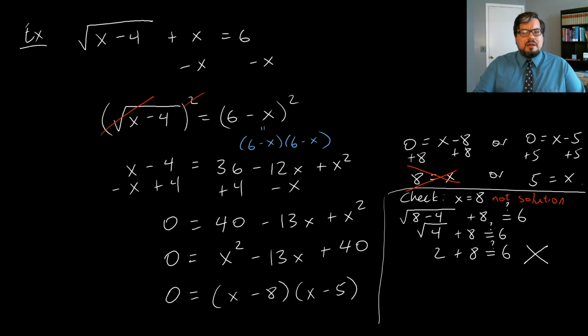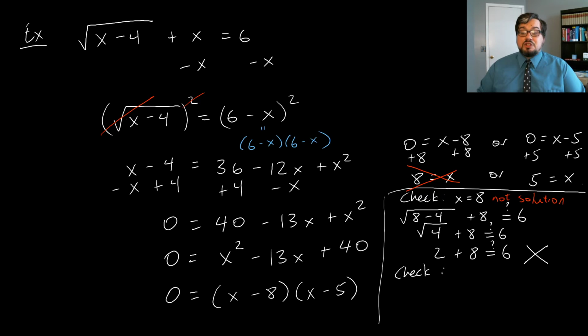And so there's no way we could have seen that without checking back in the original equation. So we have to make sure that we do that every single time we do a problem like this. So x equals 8 is something that our math suggested might be a solution, but going back to check, it's not. It's sort of an artifact of the technique that we used to come up with our solutions.